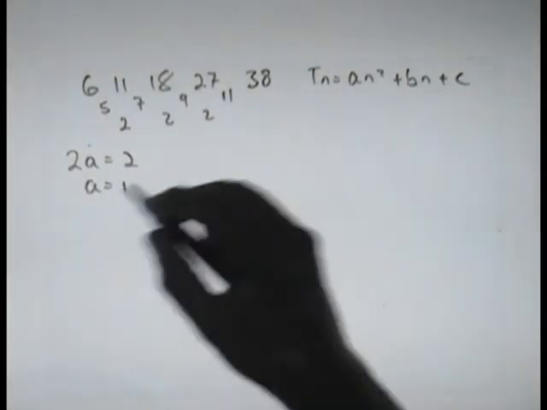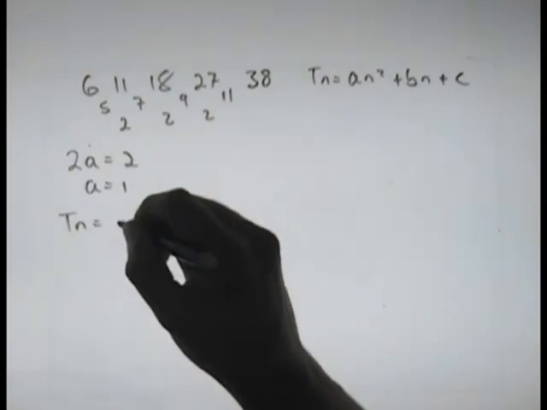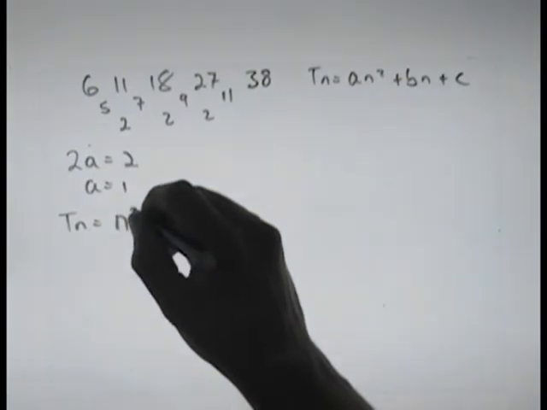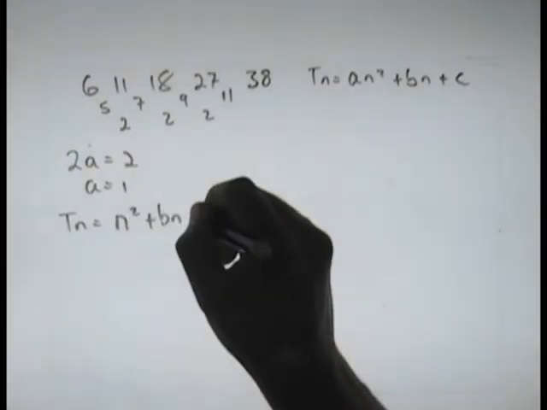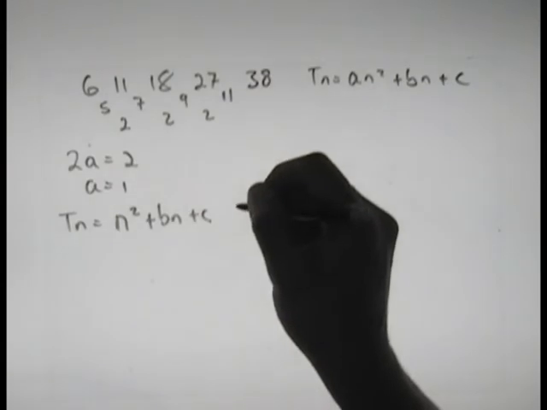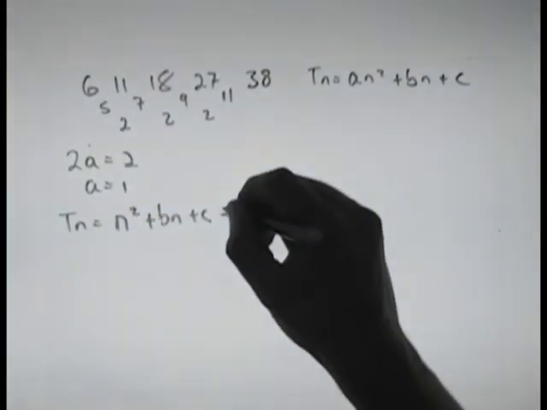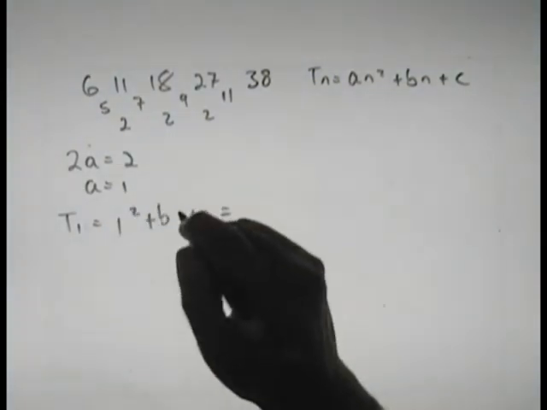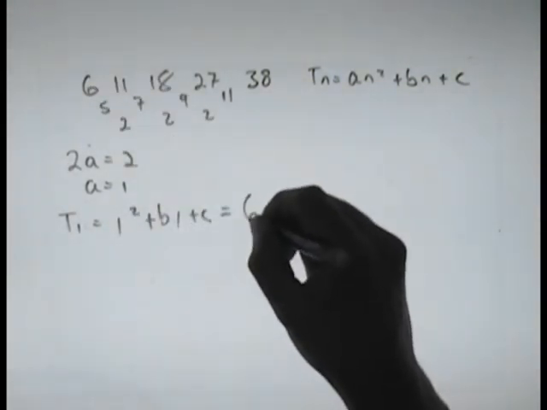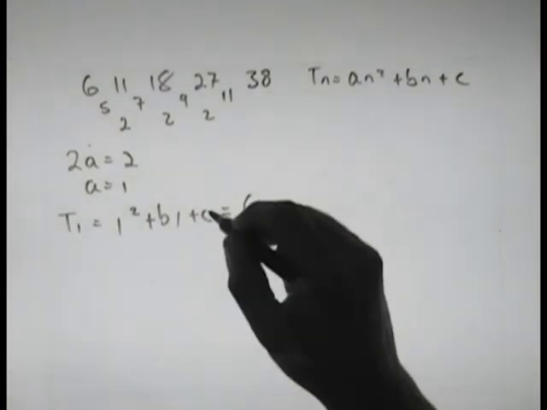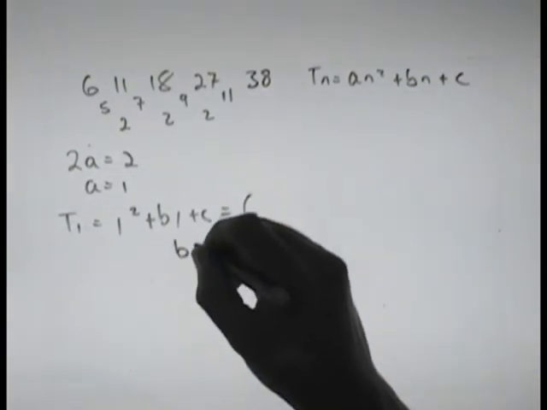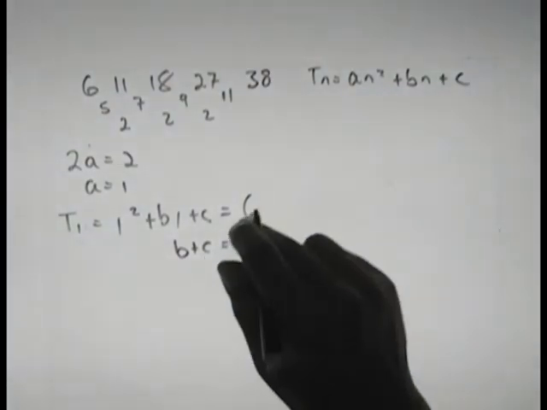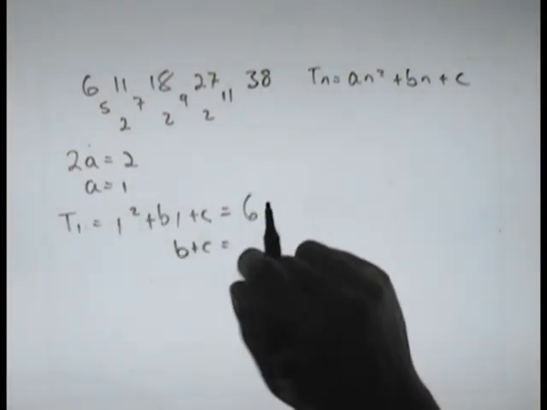That means that my standard form reads Tn is equal to 1n squared, so that's just n squared plus bn plus c. But when n is equal to 1, my first term is equal to 6. That means that 1 squared plus b plus c is equal to 6. So b plus c is equal to 6 minus 1, which is 5.